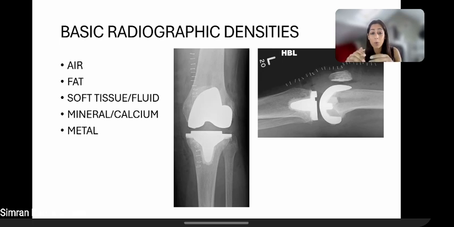So what you see is an interplay between just five densities on a plain radiograph. You have air, fat, soft tissue or fluid, mineral or calcium, and metal. The image is composed of an interplay between these five densities, based on the differences in densities and the interfaces between them.